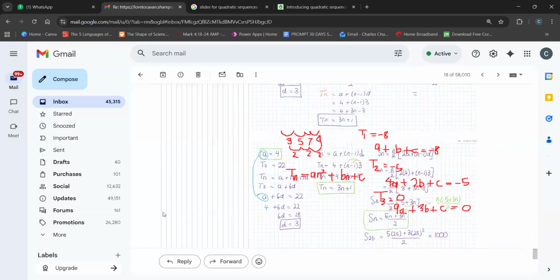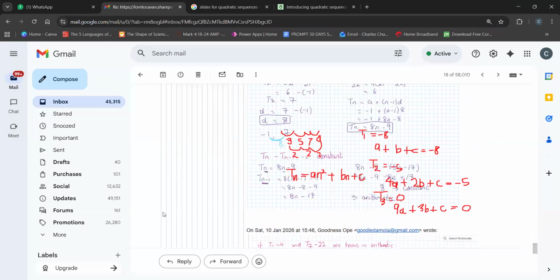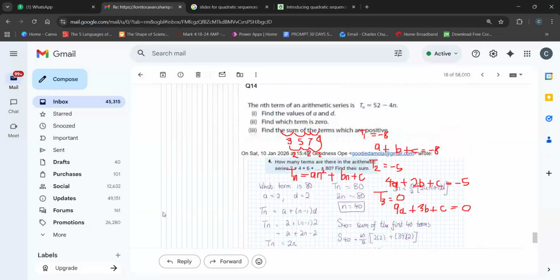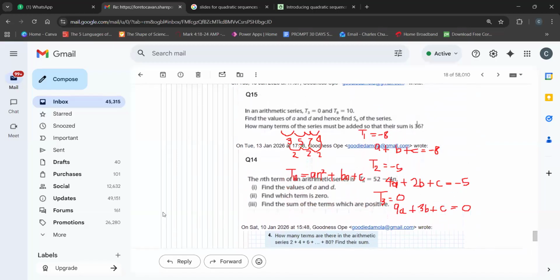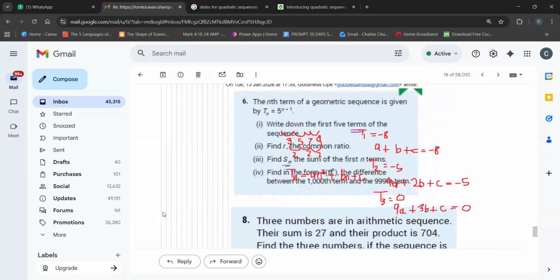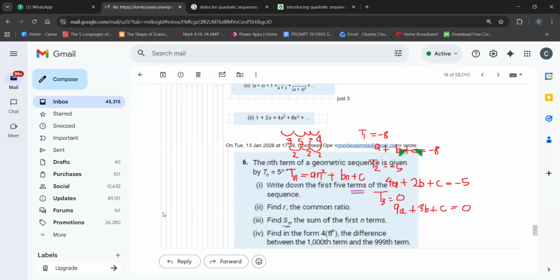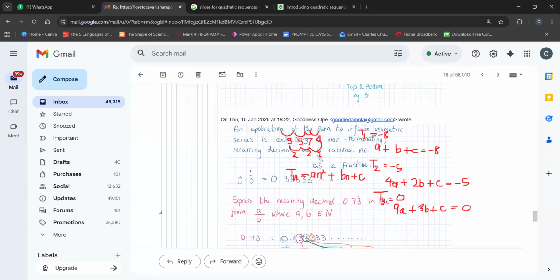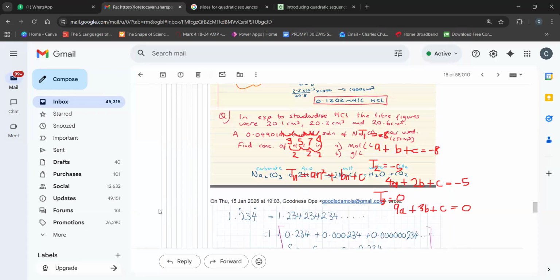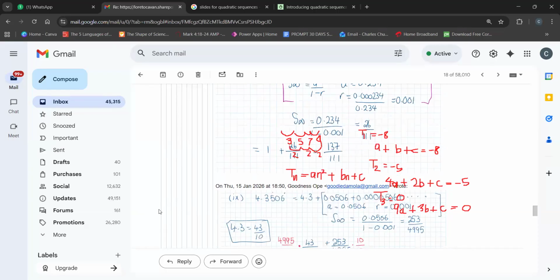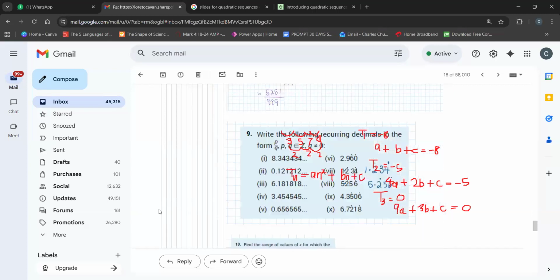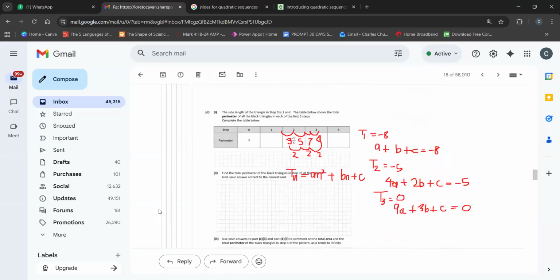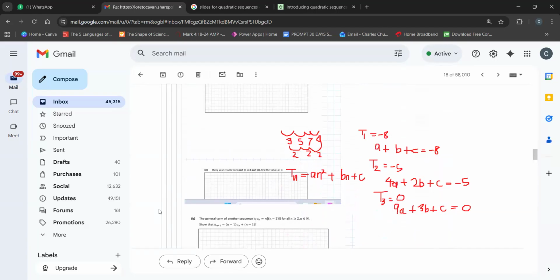I can't find that note that you sent me about quadratic equations, but let me see. Maybe I'll send it another day. Should I send it now? Okay, you should send it. The note, the one that you shared with me back then. Okay, sir.